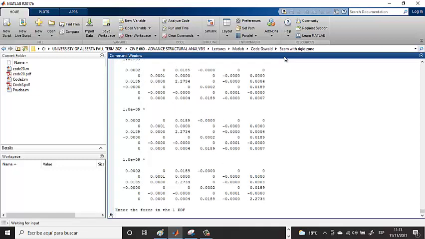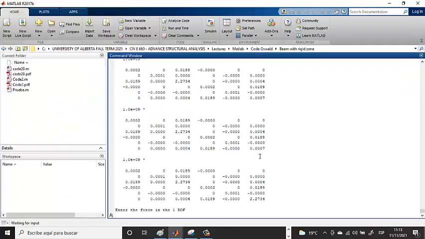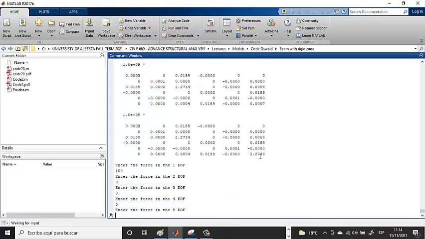Now we need to enter the forces. We only need to see the graph, and we realize that we only have a force in the first degree of freedom, and the others are equal to 0, and the value is 100 kips. So 100 kips in the first degree of freedom and 0 in the others, right?